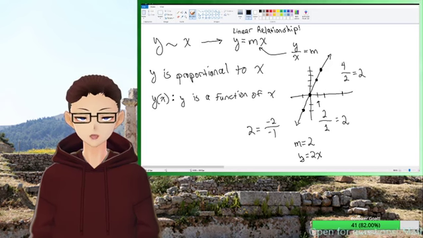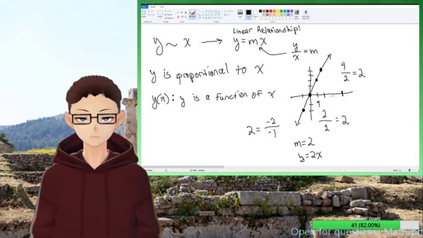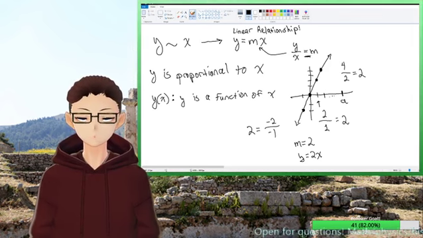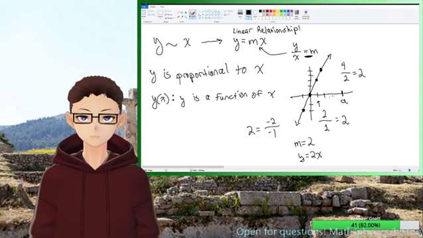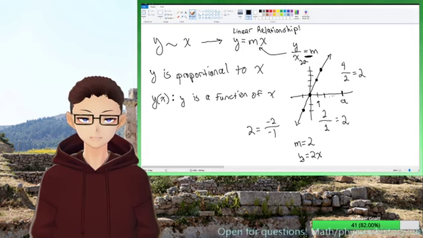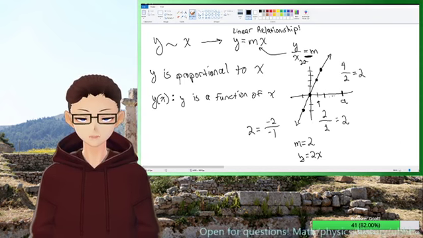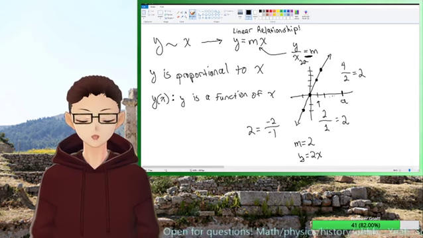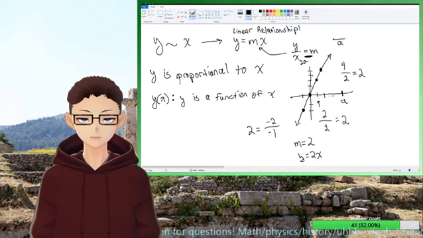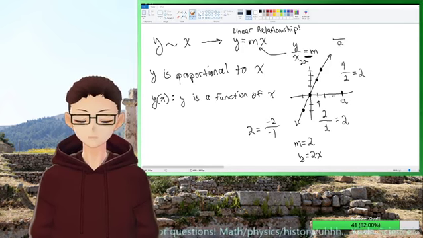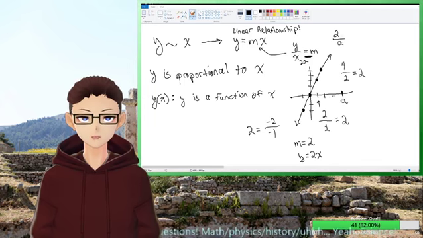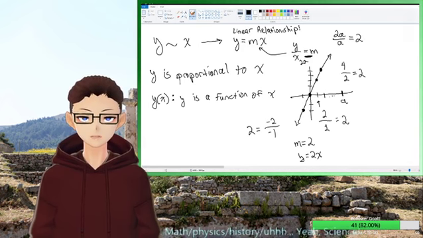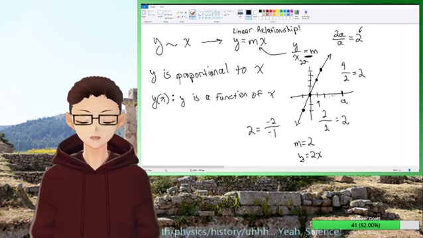So if I take some arbitrary x value, I don't know, a, I can tell you what the y value will be. It'd be 2a. Because their ratio would have to still equal 2, because we're still going to be on this line. So if I put the x value, some number that I haven't really told you what it is, I know the y value will be double that, because it needs to preserve the constant of proportionality, 2.